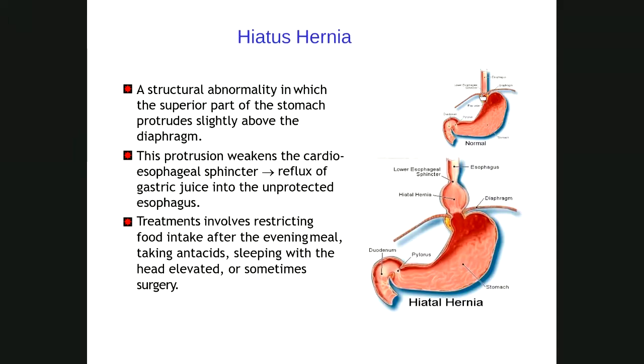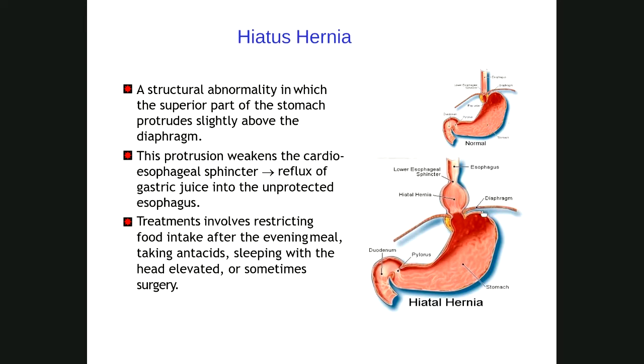Sometimes weakness in this crural part of the diaphragm causes bulging of part of the stomach upward. Normally, the stomach should all stay below the diaphragm and it never goes up. But in hiatus hernia, weakness in the diaphragm causes part of the stomach to push upward, passing through the diaphragm, and this will mainly weaken the lower esophageal sphincter, because part of the lower esophageal sphincter depends on the strength of the diaphragm.